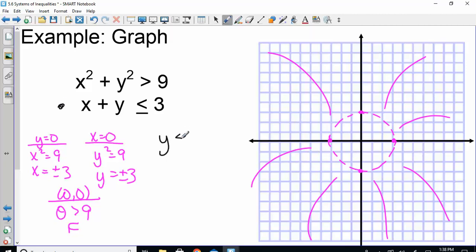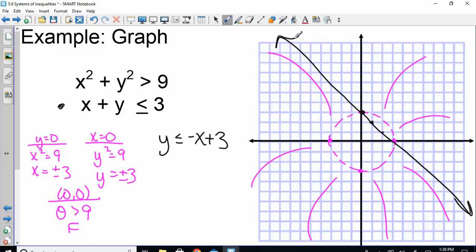Let's graph this. So we would get y is less than or equal to negative x plus 3. So that would be a line. Y-intercept is 3. Slope is negative 1, so down 1 over 1. That would be a solid line. Can you tell where that one's going to shade?